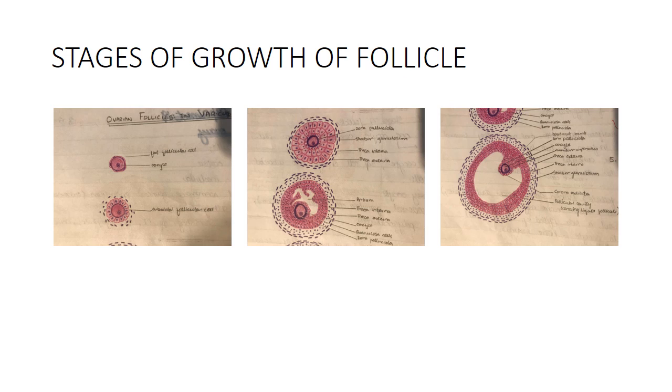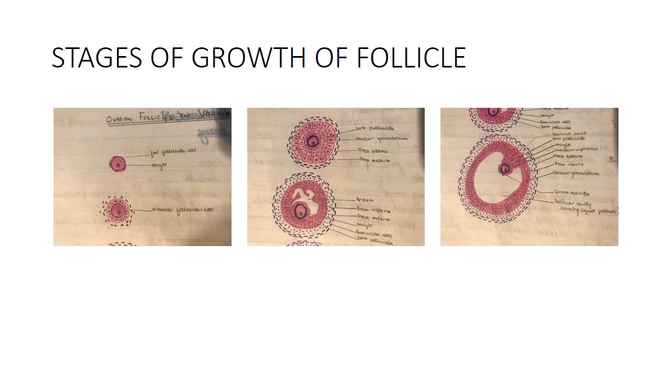This is how you are going to draw the different stages of the development of the follicle. The first one shows the oocyte surrounded by a single layer of squamous cells, that is the primordial follicle. Then is the unilaminar primary follicle, where the oocyte is surrounded by a single layer of cuboidal epithelium. You will have to label it properly, open your books also and then label it.